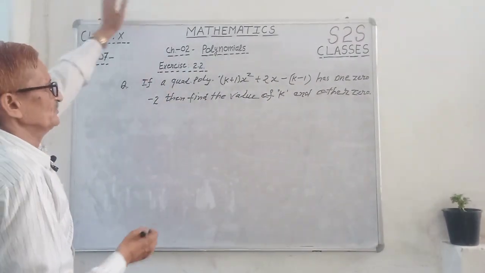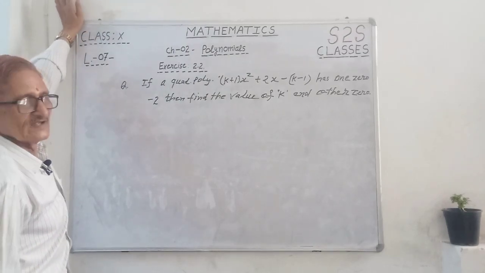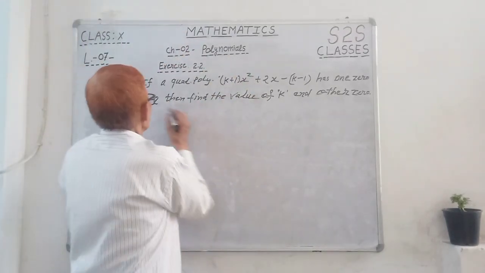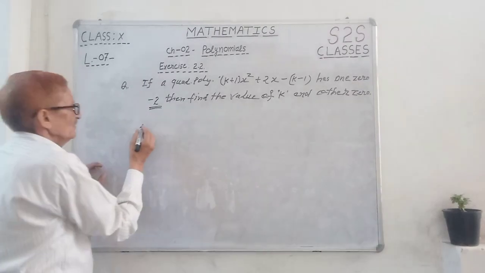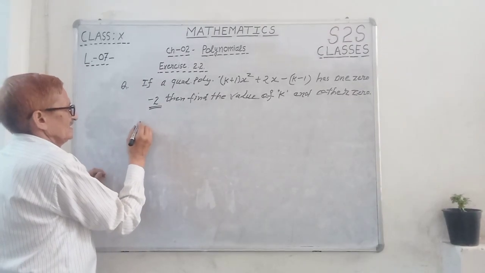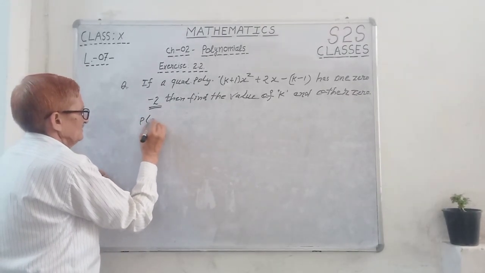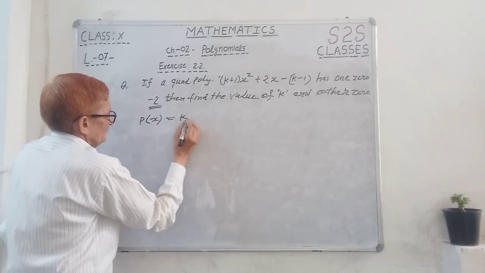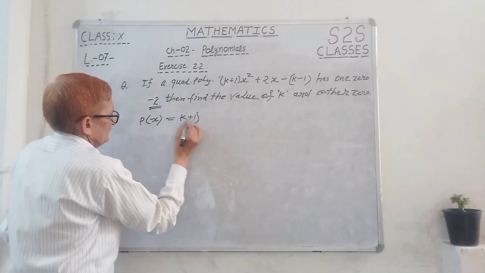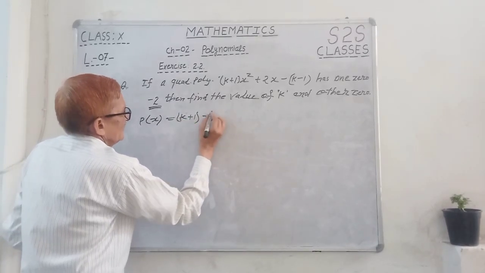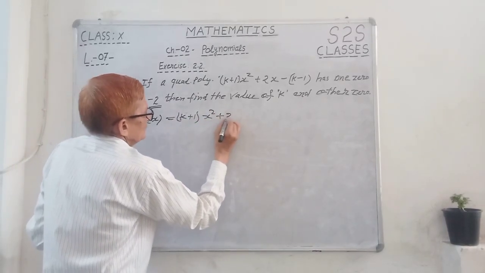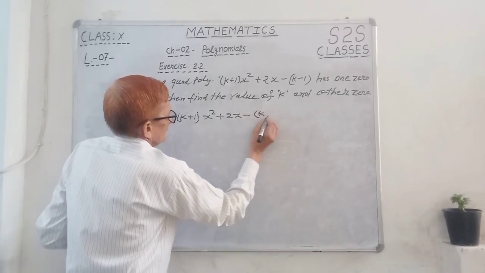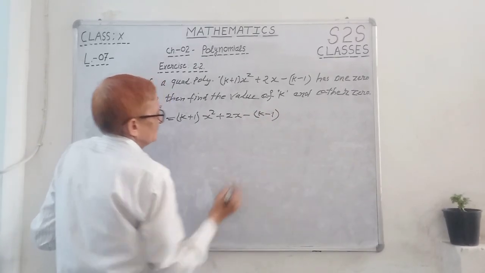So quadratic polynomial is given in the way with unknown k and one zero is given, -2. So we can say the polynomial is (k plus 1) into x square plus 2x minus k minus 1.